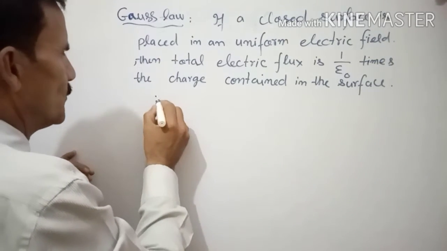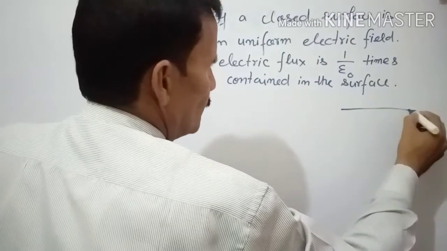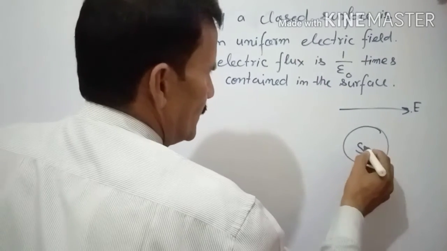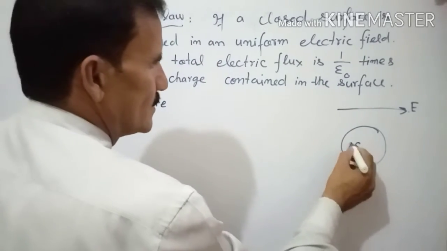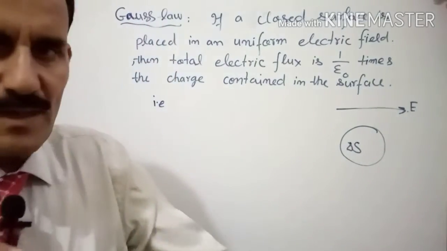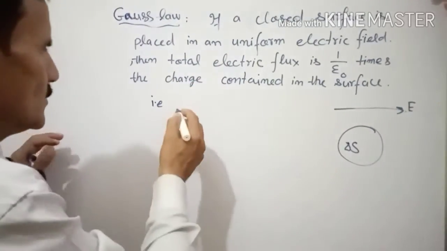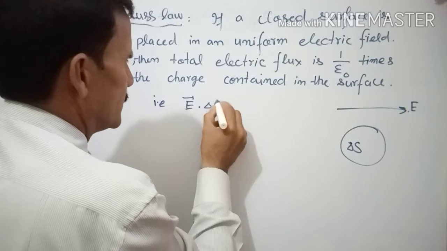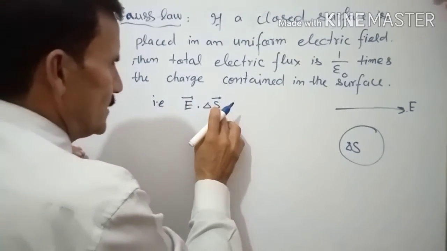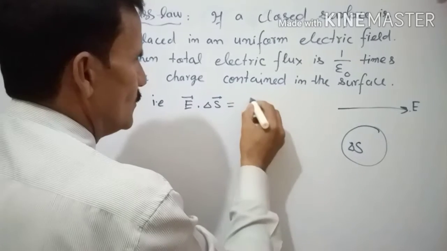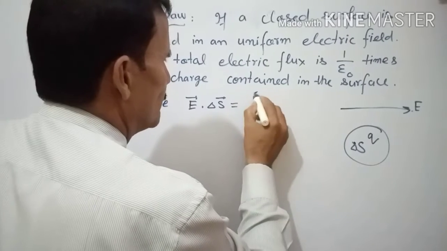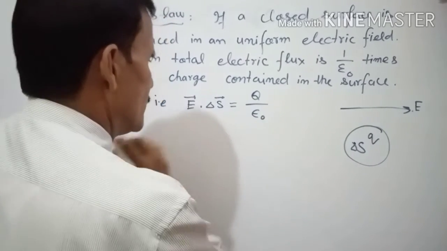So this is the Gauss law in theoretical form. Suppose you are taking that uniform electric field is there, and delta S is the surface area. So we are taking the small element and summing up. So what is that? The E dot delta S, this is vector area, is equal to nothing but, suppose total charge is Q, then this is this much.